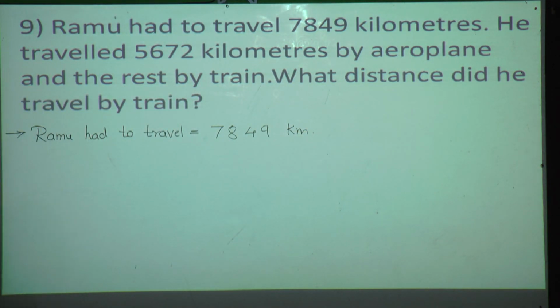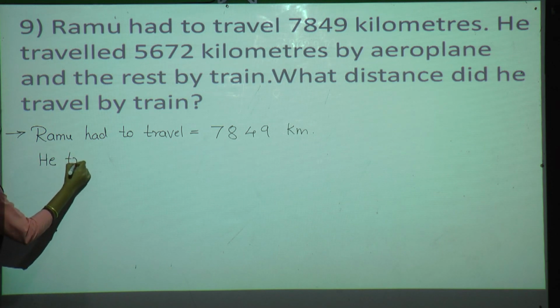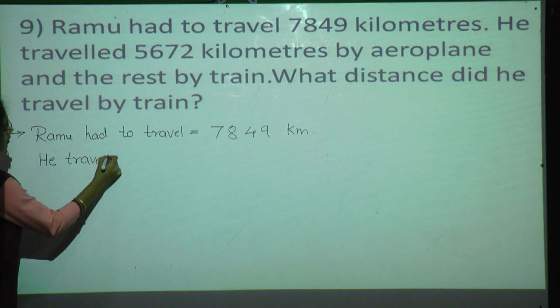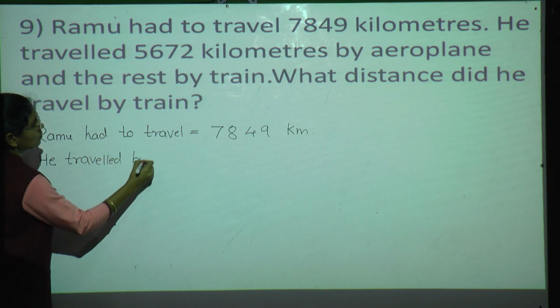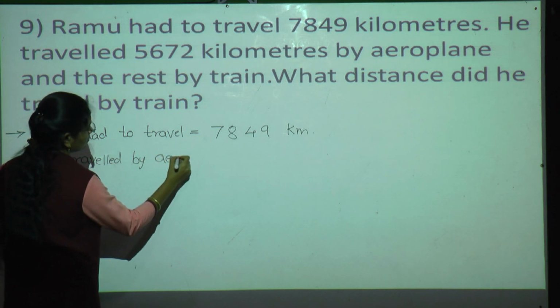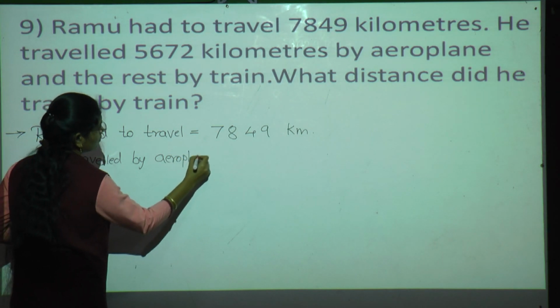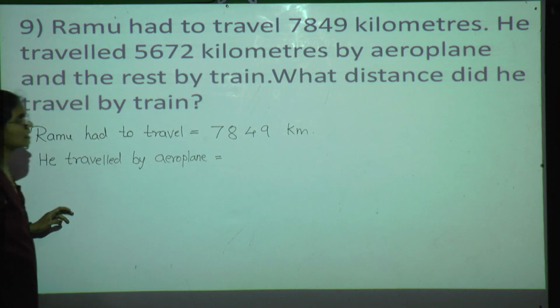It is the short form of kilometer. Then he traveled 5672 kilometers by aeroplane. So what will we write here? He traveled by aeroplane. What distance did he travel by aeroplane?